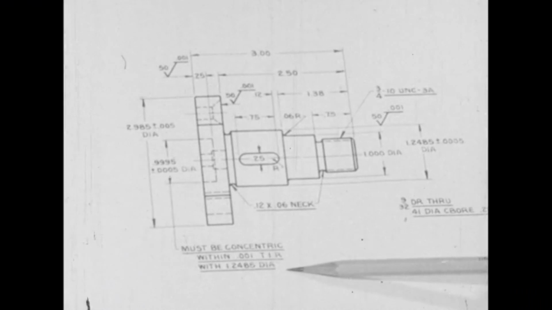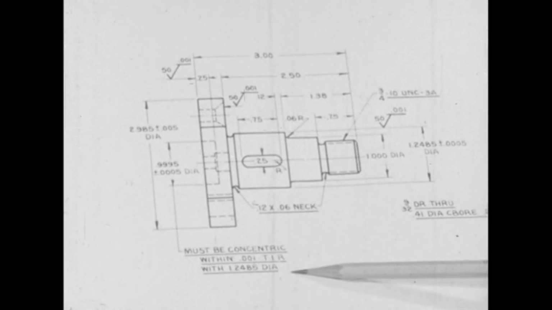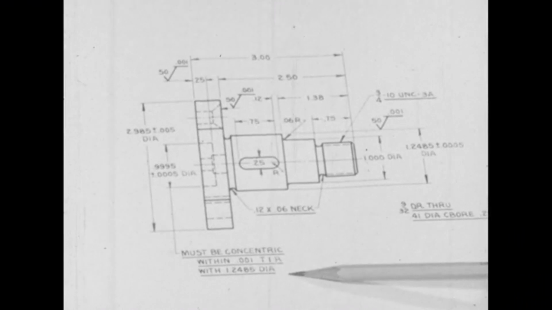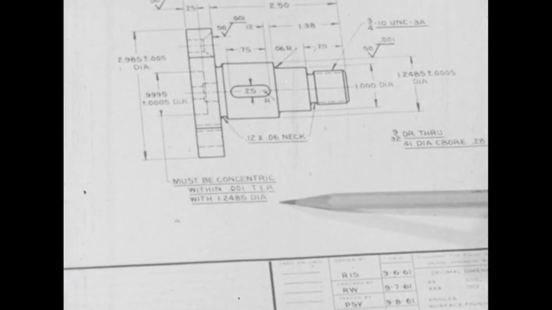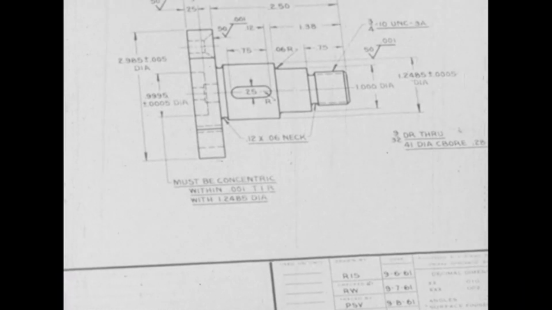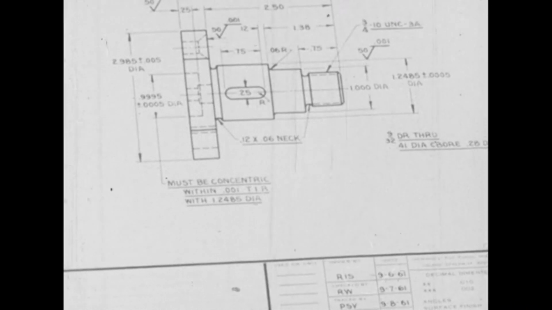Without this note, the degree of required concentricity would be unknown, which might result in an unacceptable part. The engineer inserted the note because his calculations showed that the specified concentricity is necessary for correct functioning. But to accomplish the concentricity, a separate and rather expensive operation is required, as will be shown.